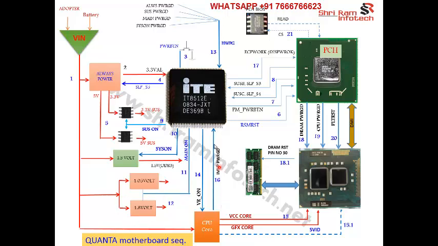In the Quanta motherboard, the next signal is main on. When you trigger main on to these two pulse width modulators, one called 1.8 and another called 1.05, at that time 1.05 and 1.8 volt will be generated. Right? So all these voltages will be generated.